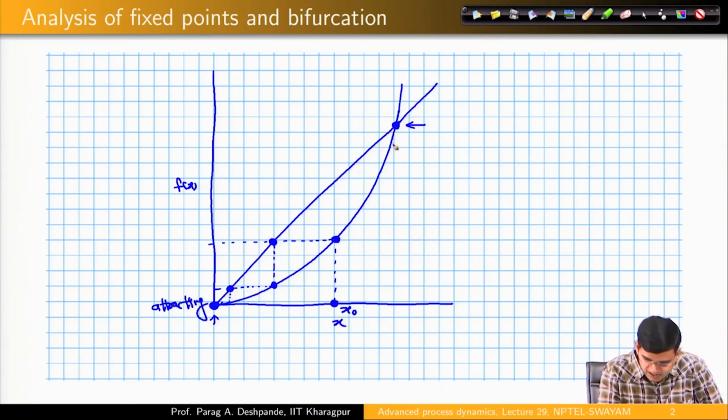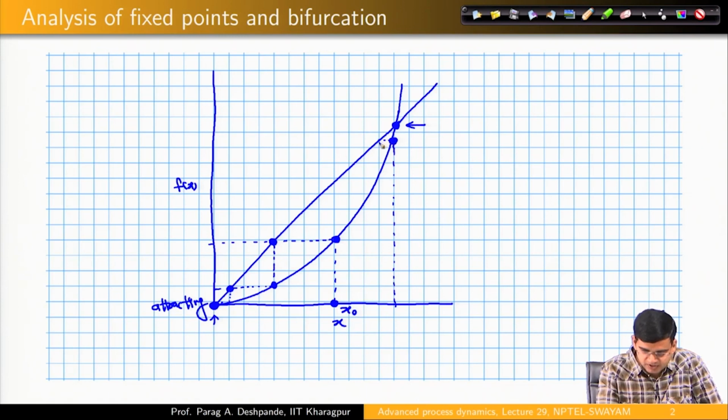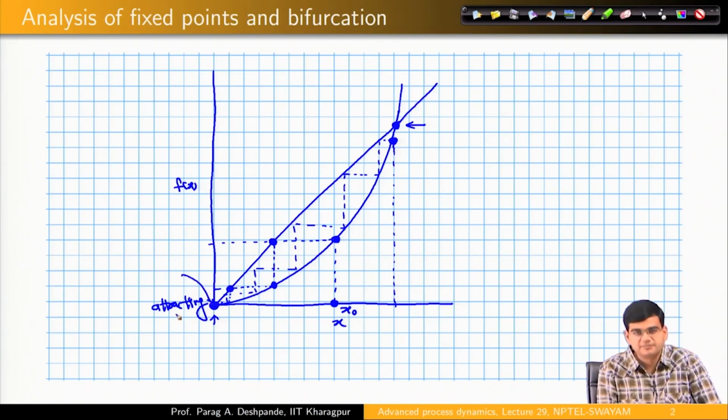And even if you start very close to the upper fixed point, what is going to happen? You are going to make triangles in this manner, which means that you are again moving towards this fixed point. You are always moving towards this fixed point.